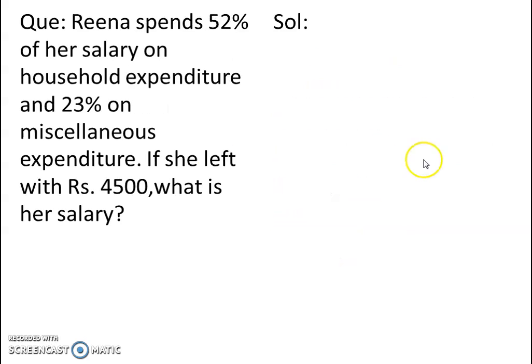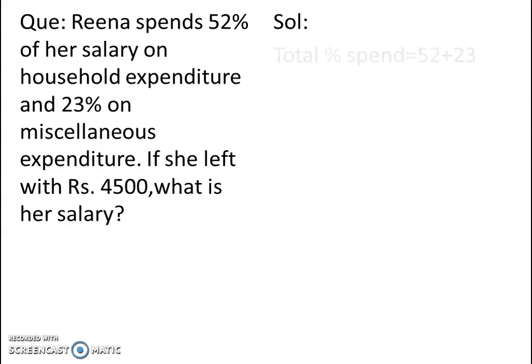Now the next question is, Reena spends 52% of her salary on household expenditure and 23% on miscellaneous expenditure. If she is left with 4500, what is her salary? So here overall Reena spent 52% and 23%.